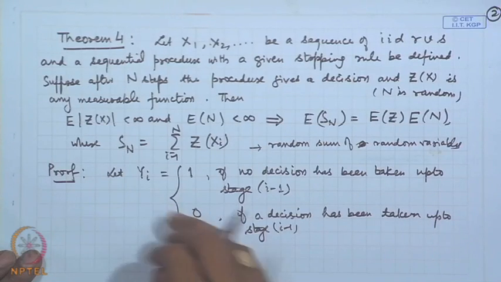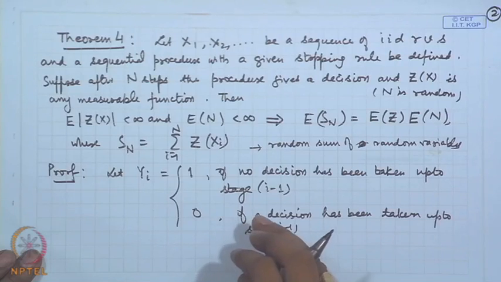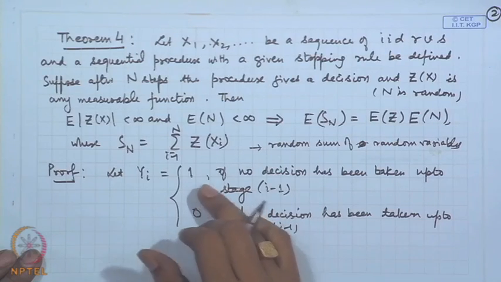So, this Y_i is actually the indicator that the decision has not yet been taken up to the previous stage, that is the (i minus 1)th stage.